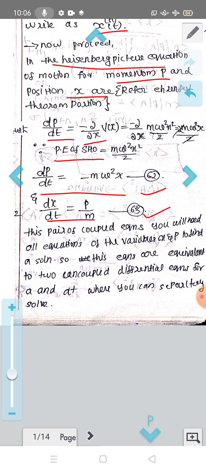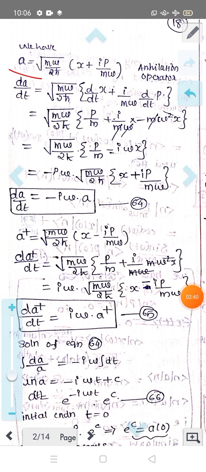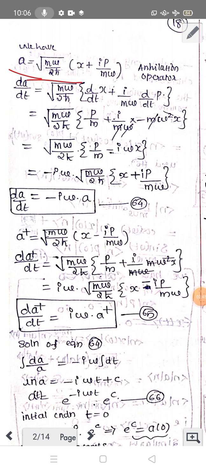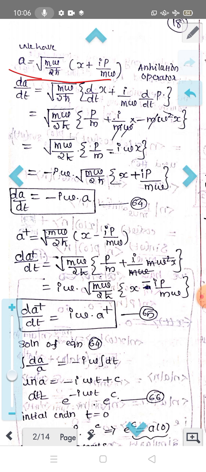This is equivalent to two uncoupled differential equations for a and a dagger. So we have a, the annihilation operator, given by root of m ω/2ħ into x plus ip/(m ω).